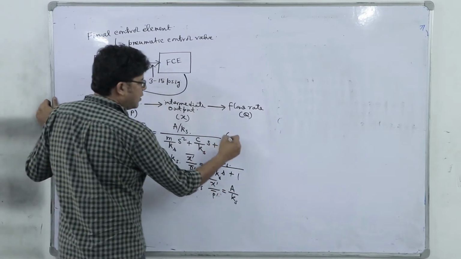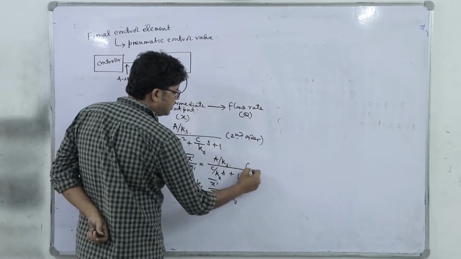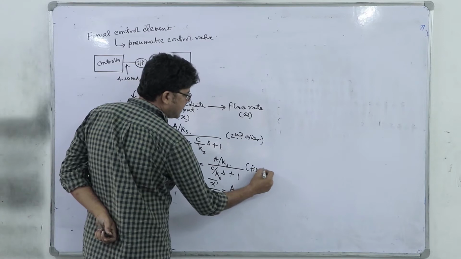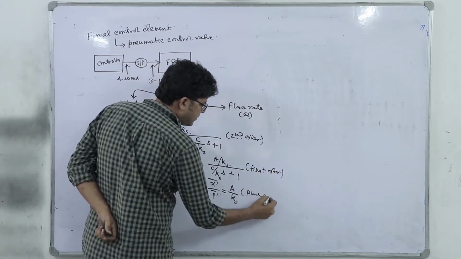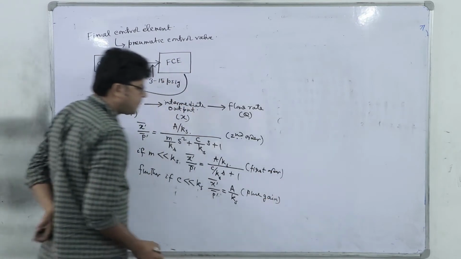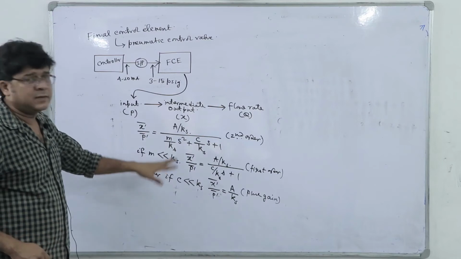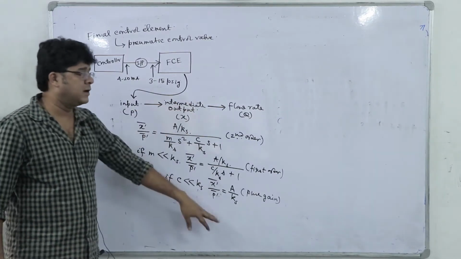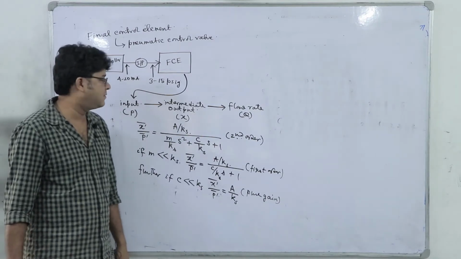So this is second order, this is first order, this is pure gain. So you see the dynamics can be simplified from second order to pure gain based on the relative magnitude of m, c and Ks.